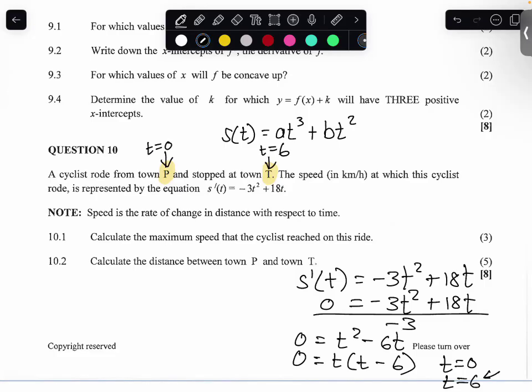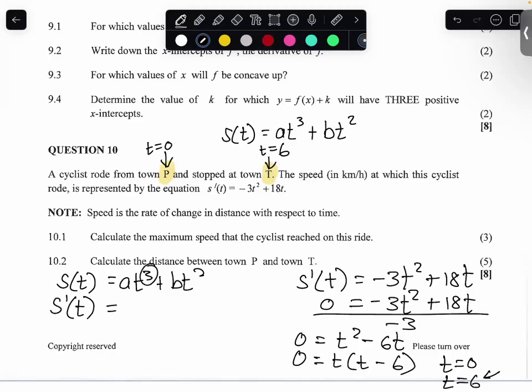Right. Then what I need to do is figure out what the distance formula is. The way to do that is, if this was the distance formula, S of t is equal to At cubed plus Bt squared, right? This is the distance formula. I'm going to find the derivative as it stands.